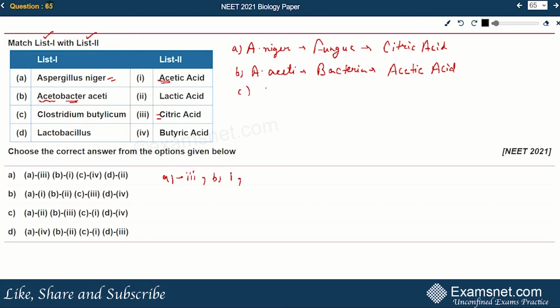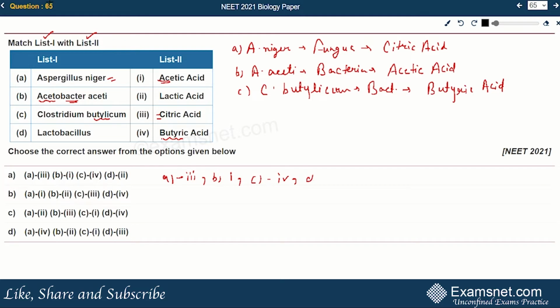Now the third one is Clostridium botulinum. Okay, now this is also a type of bacteria, right? And it is responsible for the production of butyric acid. Here again botulinum and butyric acid are similar, so again you can easily remember this. Okay, so this is butyric acid. What will be the correct match for C? It will be 4.